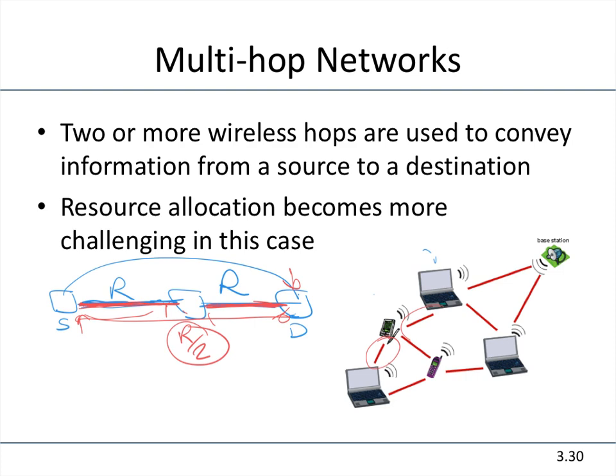So if we send from this node to this node, the transmission range goes beyond, and if it goes beyond, it can interfere with this traffic. Okay? Is that clear?